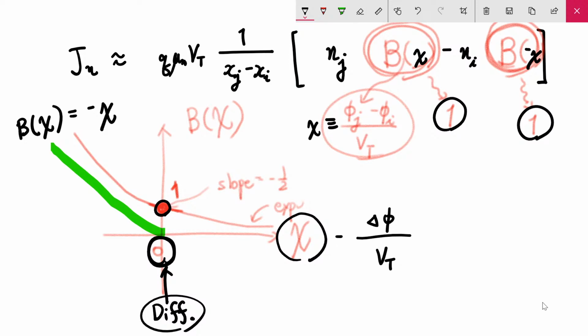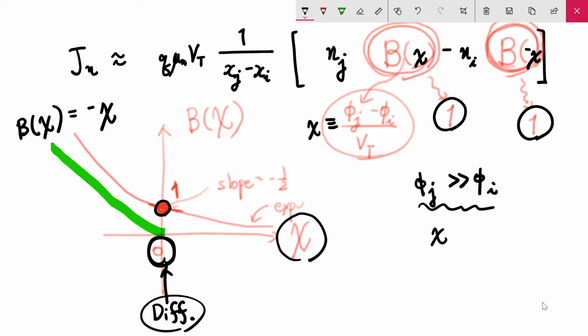If we have this form, let's say that phi j is much larger than phi i. Then chi itself will be much larger than 0. Think about this extreme.